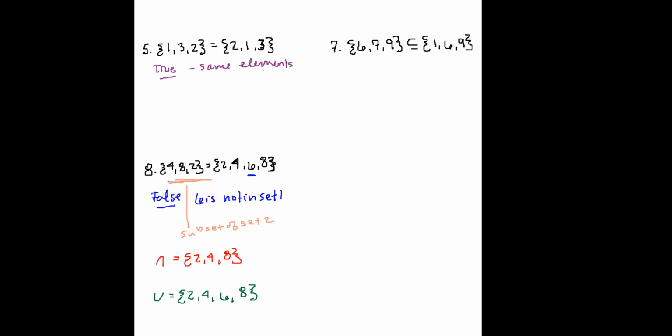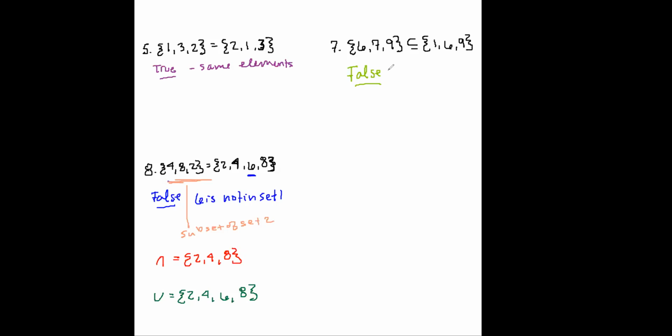Okay. Now, what about 7? No, because neither one has all of its elements in the other set, so neither one can be a subset of the other.